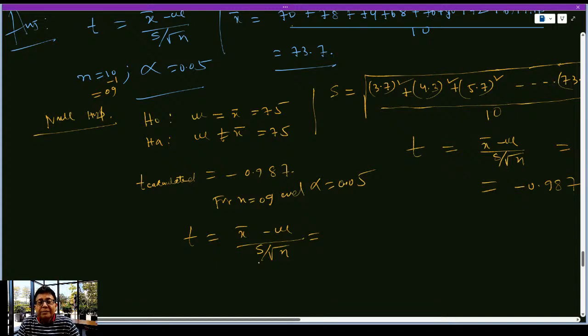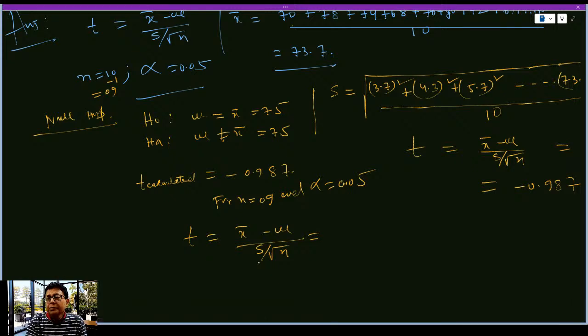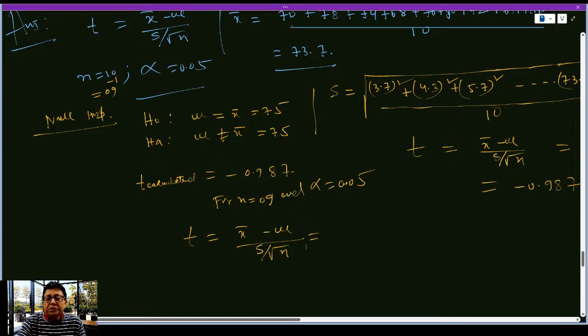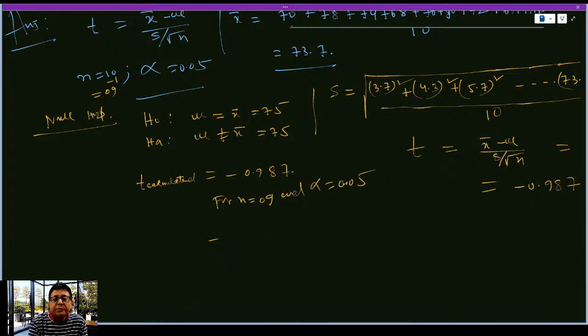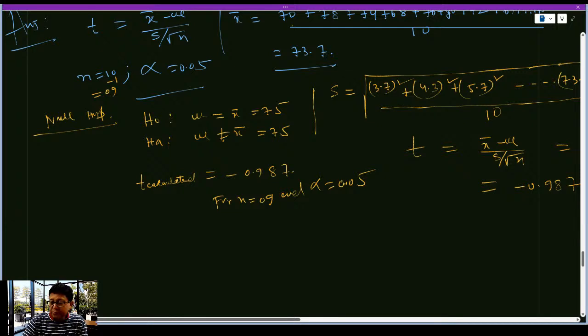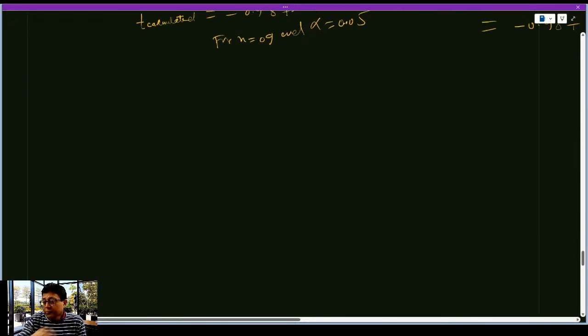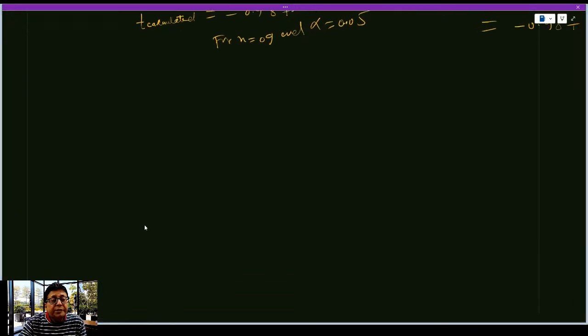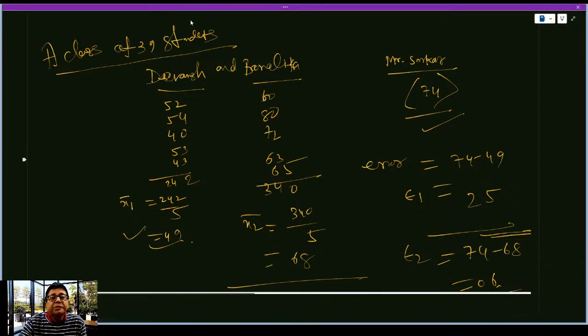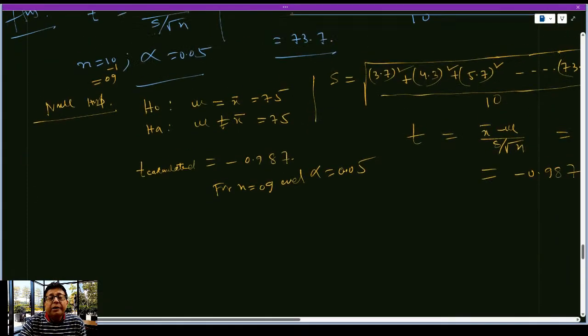X bar minus mu by S by root n, this we have calculated, its value is minus 0.987. Now we are going to do it from the table. Just take the table here. Oh my God, this is not the table I have to take.